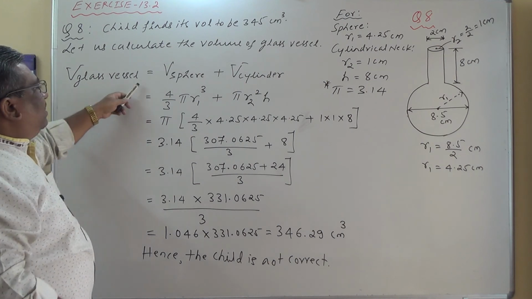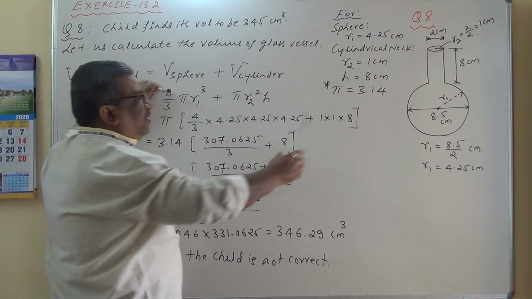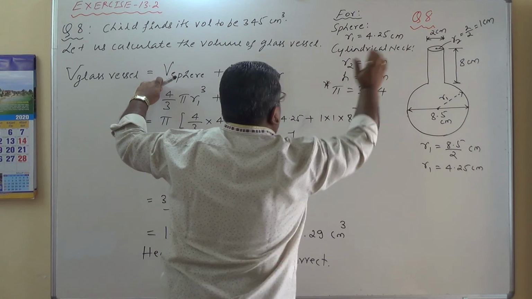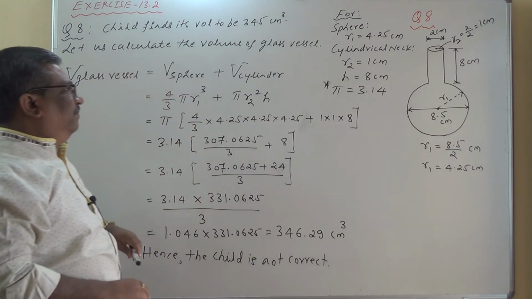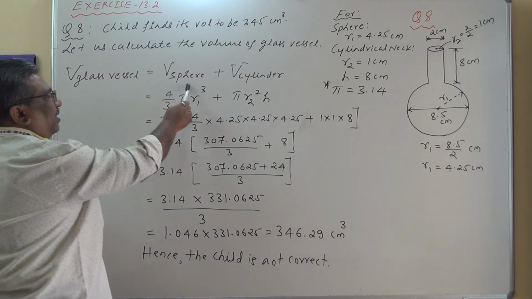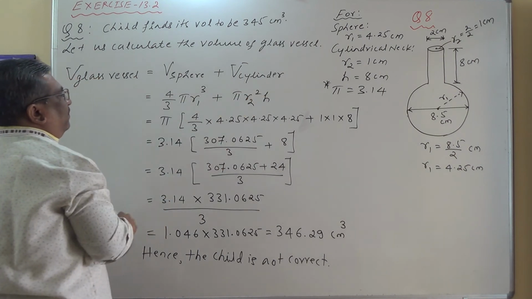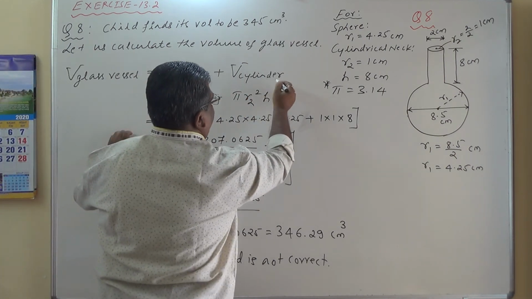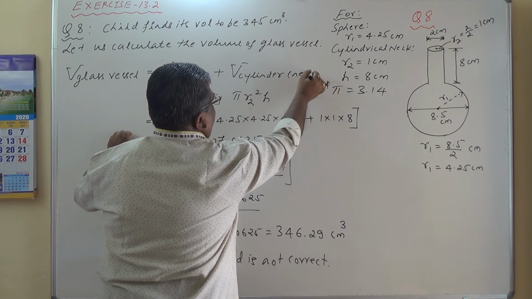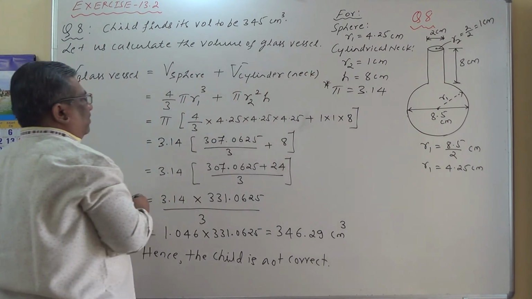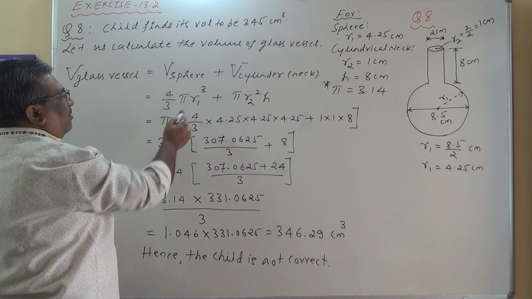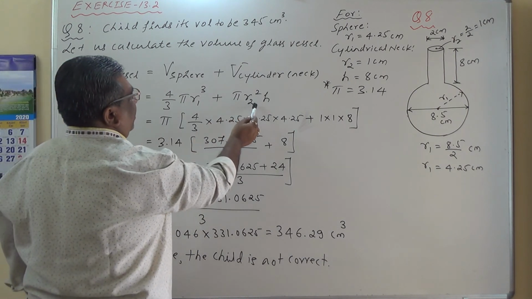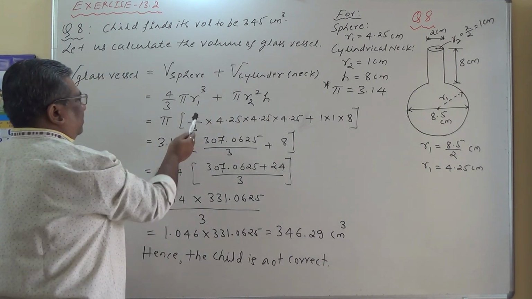Volume of the glass vessel is volume of the spherical bottom plus volume of the cylindrical neck. You got it? Volume of the sphere plus volume of the cylindrical neck. This is the neck portion and this is the bottom portion. 4 by 3 pi r1 cube plus pi r2 square into h. Substitute the values.